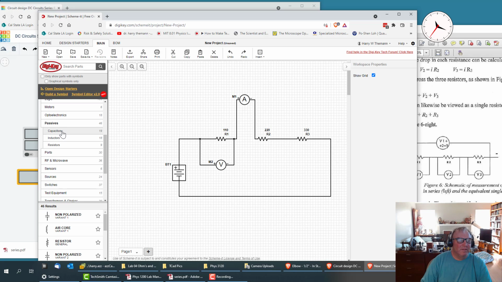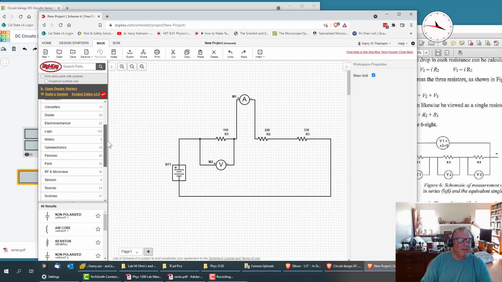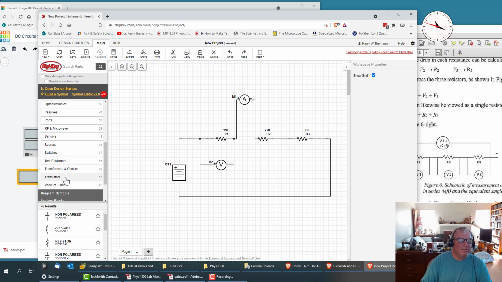In fact, you learned in Physics 2200 that capacitors and inductors are reactives, actually. So when they mean passive and active, as in like transistors. Transistors are active because they can amplify. So obviously there's no standard nomenclature. All right, let's see how this helps.